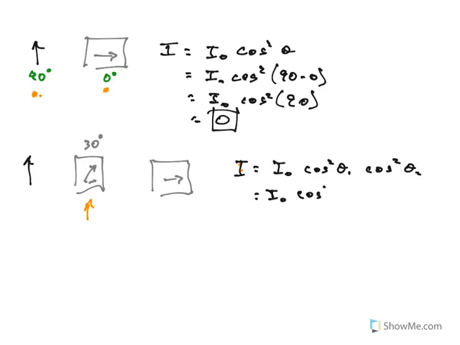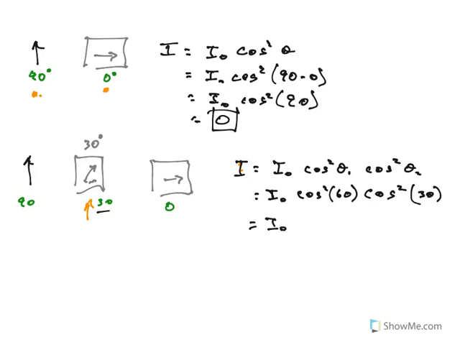So what are they? Well, the first one, notice, I'm starting at 90, and I'm trying to get through 30. So this first angle is going to be 60 degrees. Then the second one, the way to think about it, is now I'm starting at 30, and I'm trying to get through 0. So the next cosine squared is going to be 30 minus 0, which is 30.